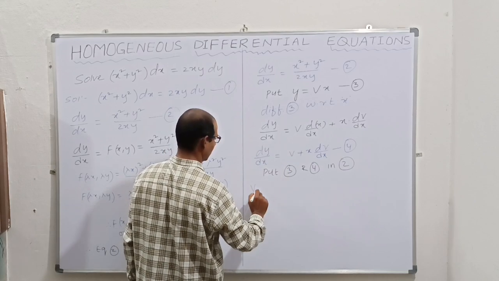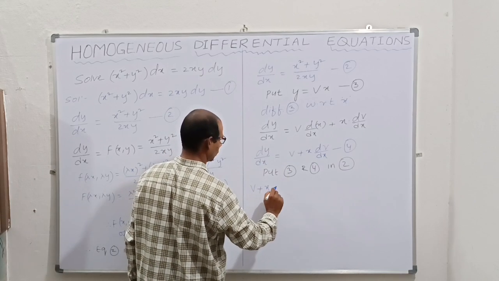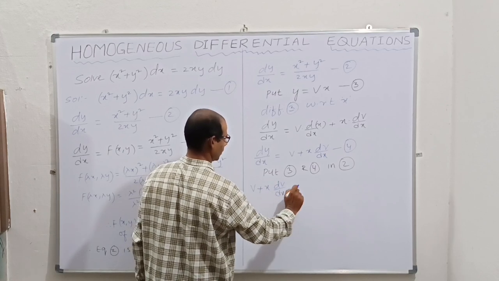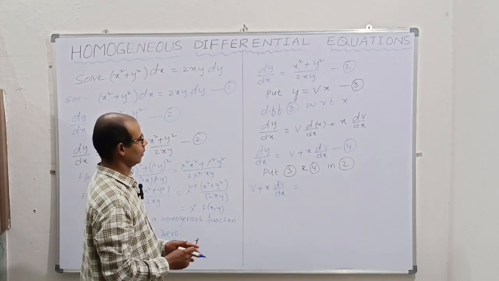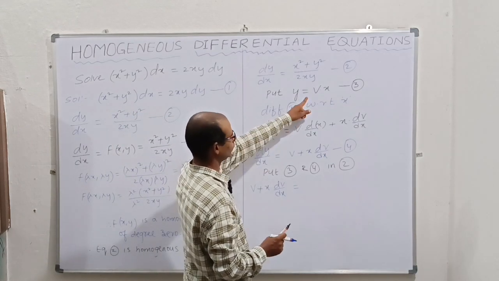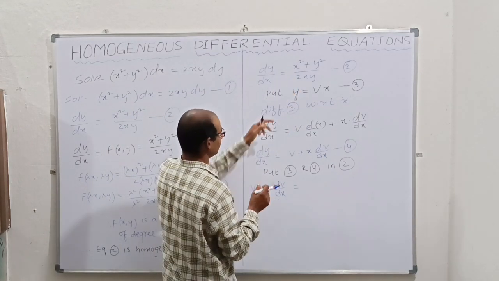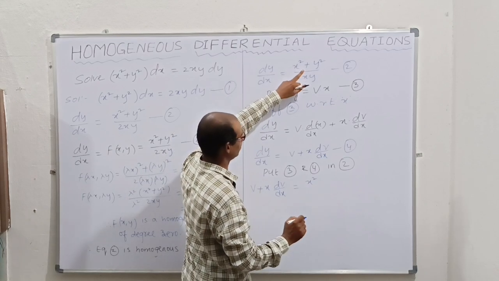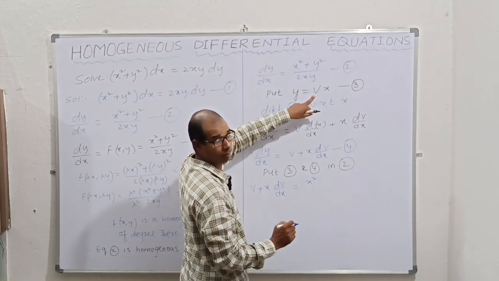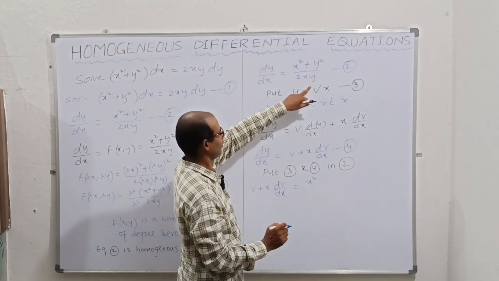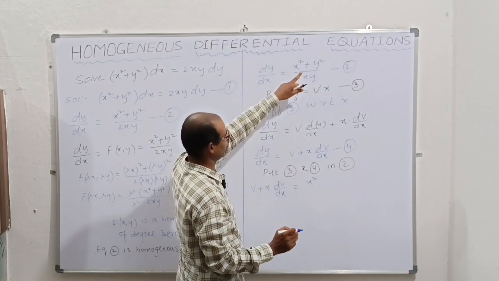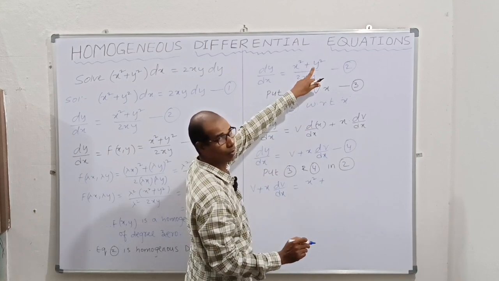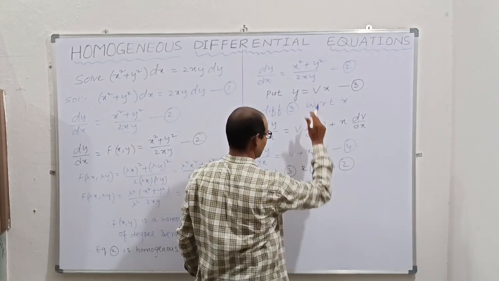So v plus x into dv upon dx is equal to x square as it is, plus, instead of y we have to put vx.